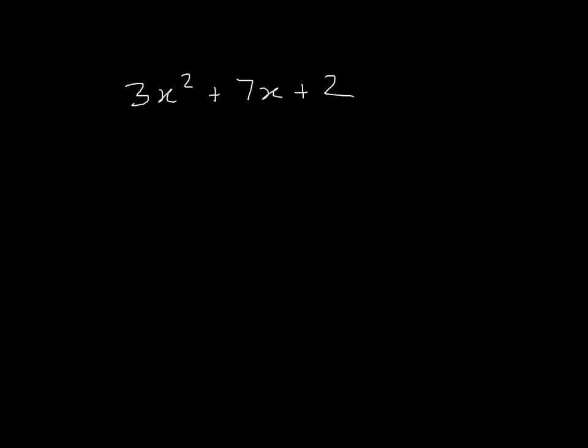Step number 1, we multiply the 3 and the 2 together and we get 6. So the factors of 6 are 1 times 6, 2 times 3. I want to make 7x here, so I'm going to use the 1 and the 6.